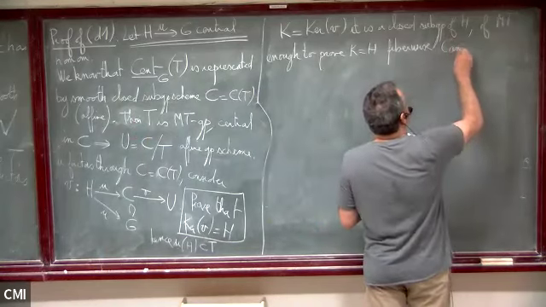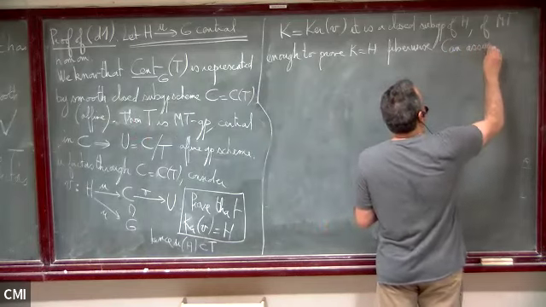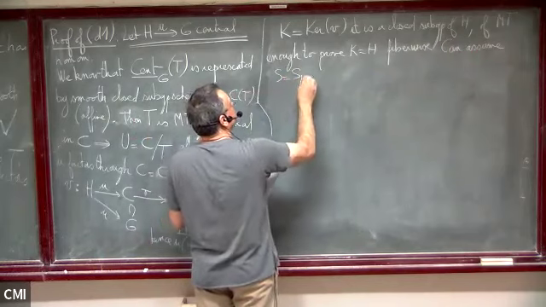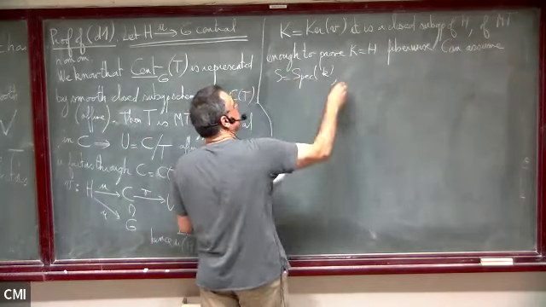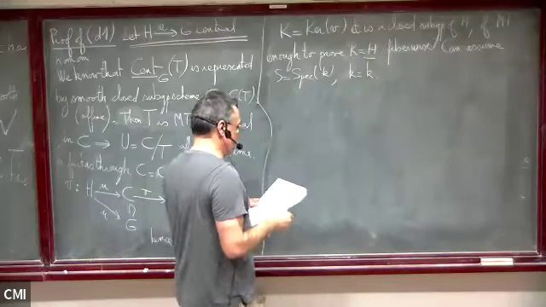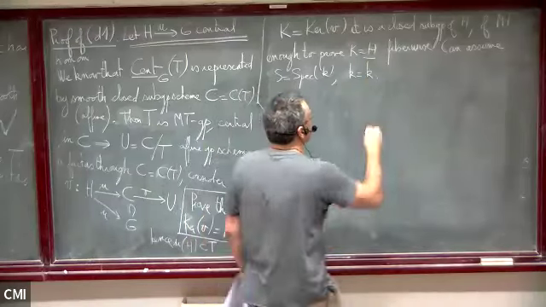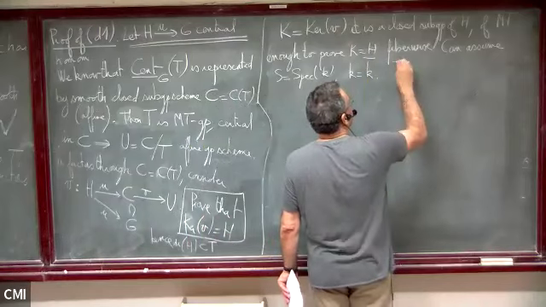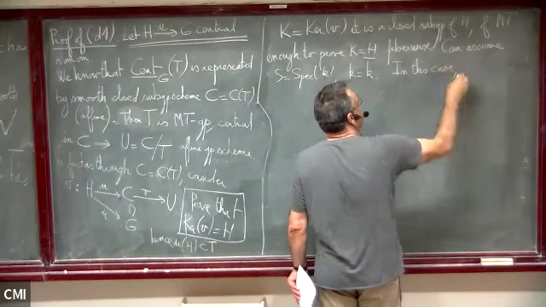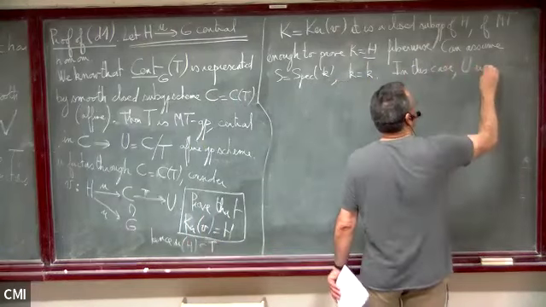So we can assume that S is a spectrum of a field which is algebraically closed. Okay, so in this case, U is unipotent.